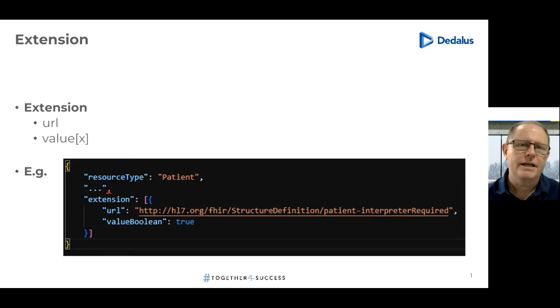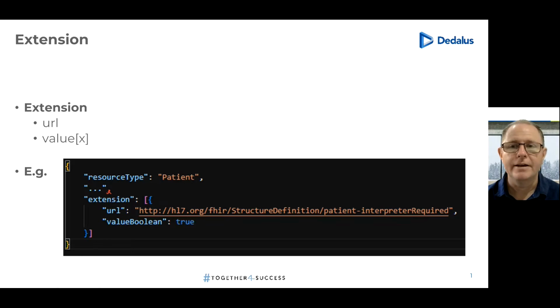So in our particular example here, we've got a patient resource, and apologies if you're used to seeing FHIR in XML. I tend to use JSON. So we can see a part of the FHIR patient resource there, and it's got an extension at the root level, so it's all about the patient, and it's got a URL, something called patient interpreter required. So I could follow that URL and find out more information about what this interpreter required extension is all about.